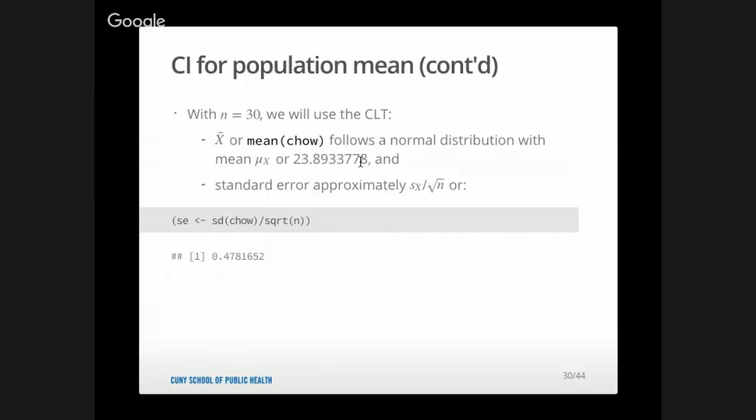So the means of the sampling and the population distributions are the same, and a standard error of standard deviation divided by square root of n. Our estimate of this standard error turns out to be 0.47. So these two things tell us what our sampling distribution should be.